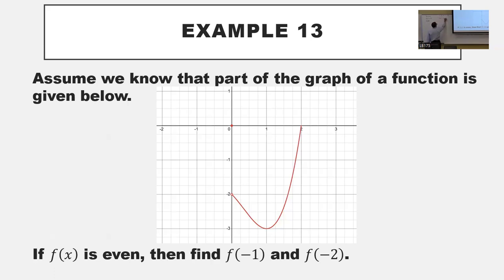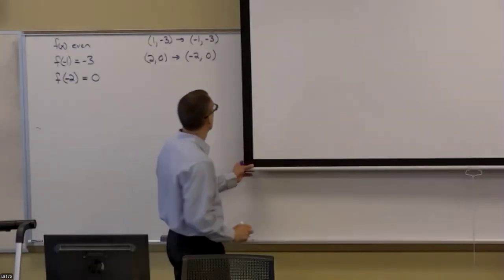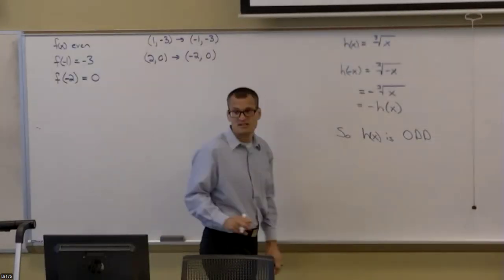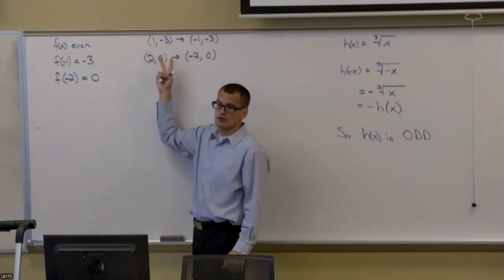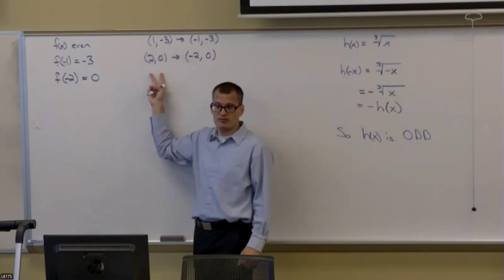So if the function were even, then negating the 2 would give us the same output of 0. Everybody catch that? All we have to do is see which ordered pairs the graph went through.